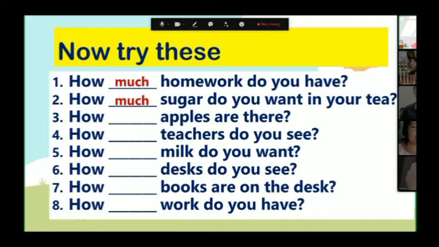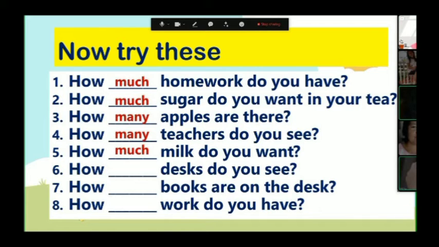Next, number three. How many apples are there? Okay, very good. Number four. How many teachers do you see? Very good. Next, number five. How much milk do you want? Very good.